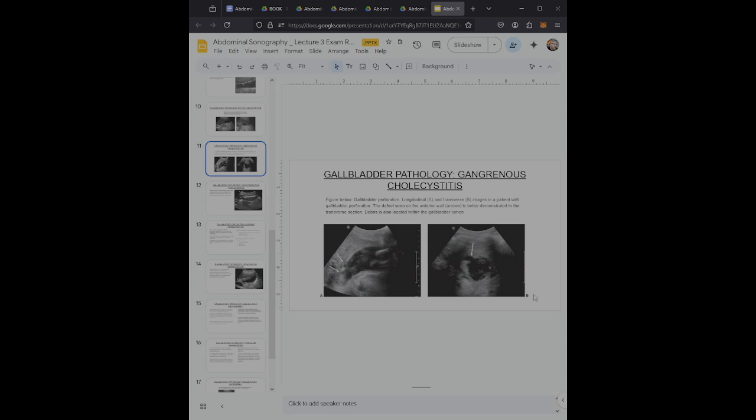And if there is a rupture, there is going to be some high morbidity, and this usually is secondary to peritonitis. A distinct gallbladder wall tear may be noted with sonography, and the gallbladder may be irregular in shape.